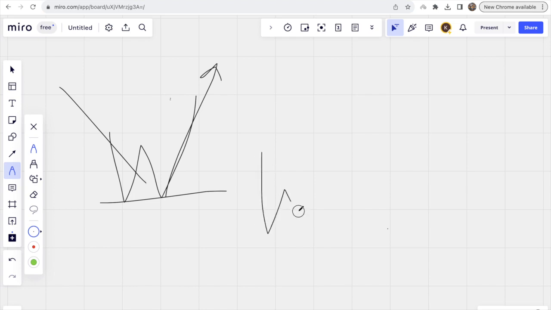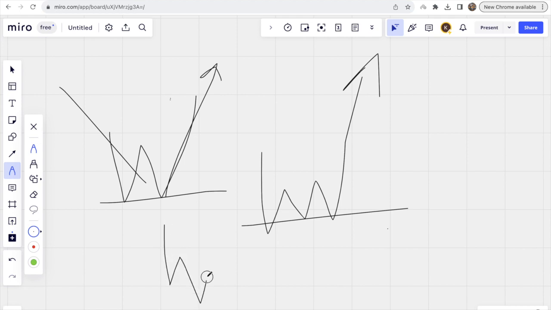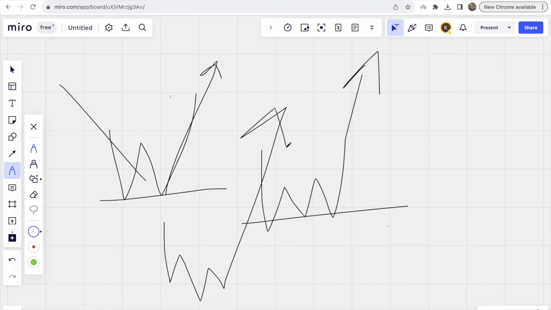Or you see a triple bottom, then boom, there they are. Or you see what we call the inverted head and shoulders, sorry. So it's more like head, shoulder, boom, going up. It's as simple as that.